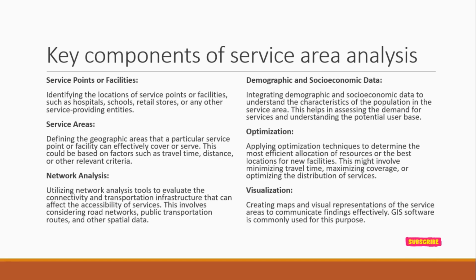It involves considering road networks, public transportation routes, and other spatial data. So with the network analysis, you can determine the shortest possible route you can take to get to a service or a facility.